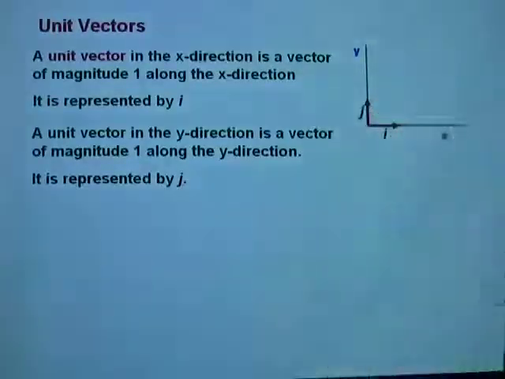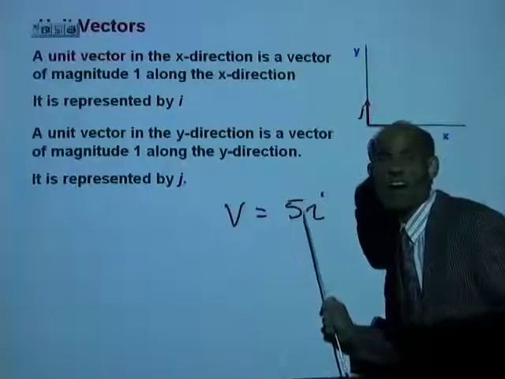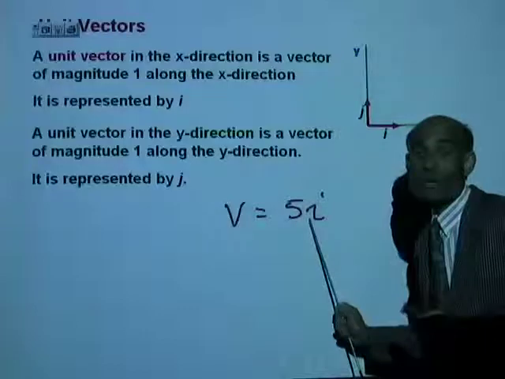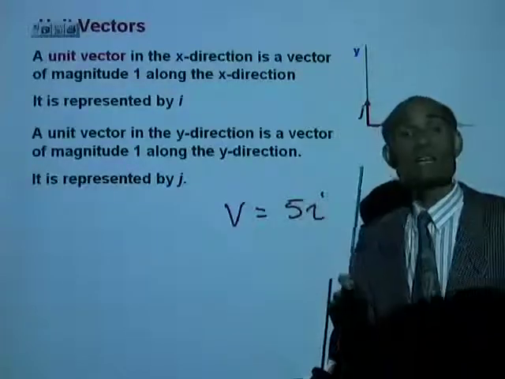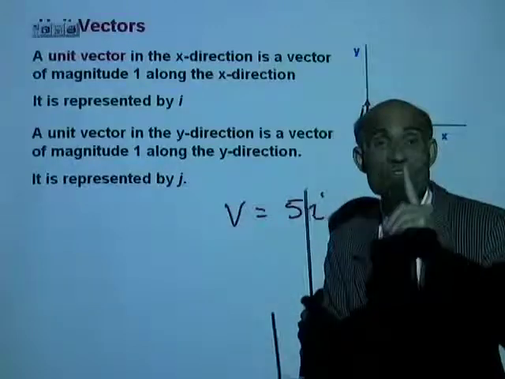So tell me, if I give you a vector, say a vector v equal to 5i, what do you understand by that? I'm giving you a vector v as 5i. What does i stand for? i is a vector along the x-axis of magnitude 1.